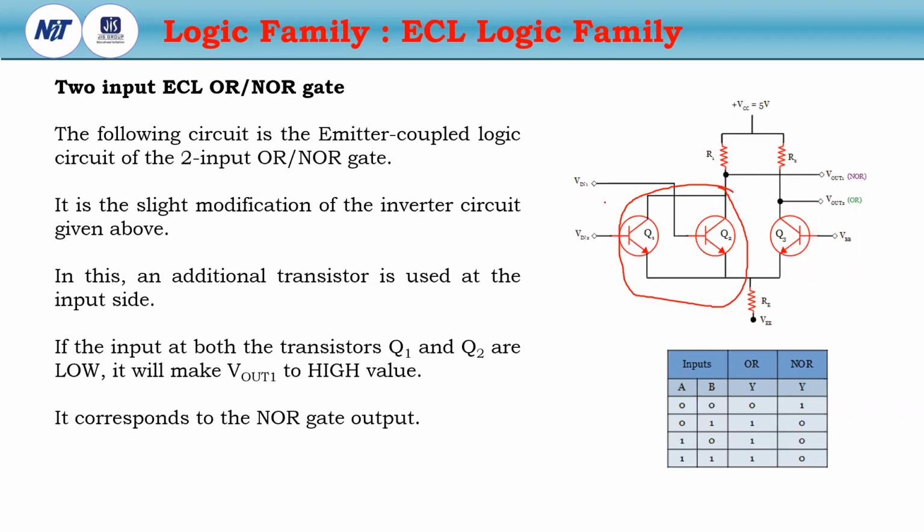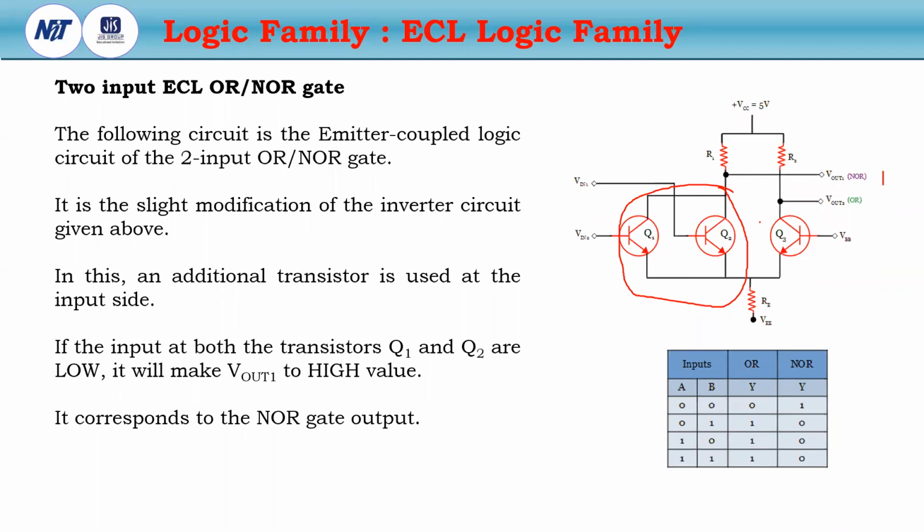When both are low, then the PN junction, P is connected with low. So the base emitter junction diodes of the two transistors are reverse biased. Okay. So if the base emitter junction diodes are reverse biased, then Q1 and Q2 are not in saturation. So for this reason, we will get V out at logic 1.